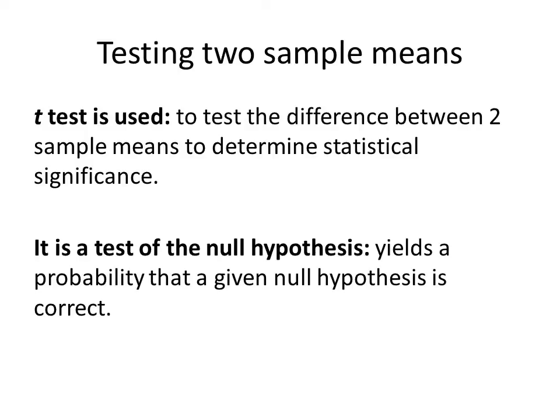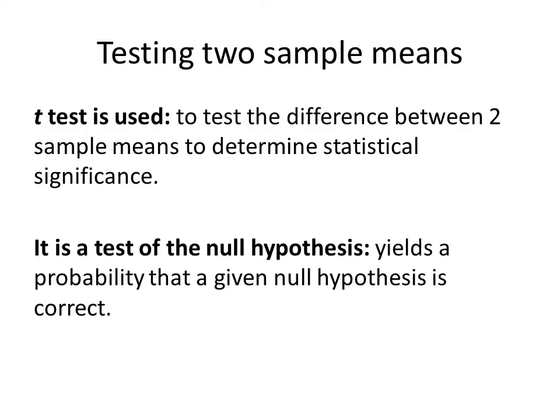As a test of the null hypothesis, the T-test yields a probability that a given null hypothesis is correct. Remember in section 21, we talked about probabilities: when there is a low probability that it is correct, say, as low as 0.05 or less, researchers usually reject the null hypothesis.